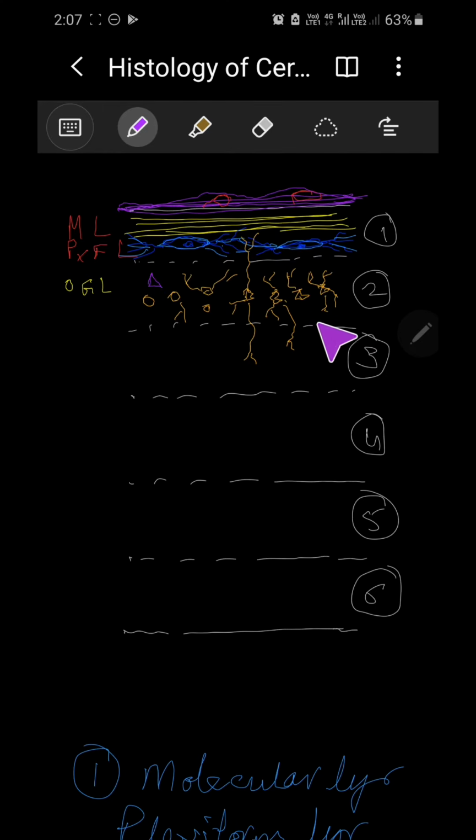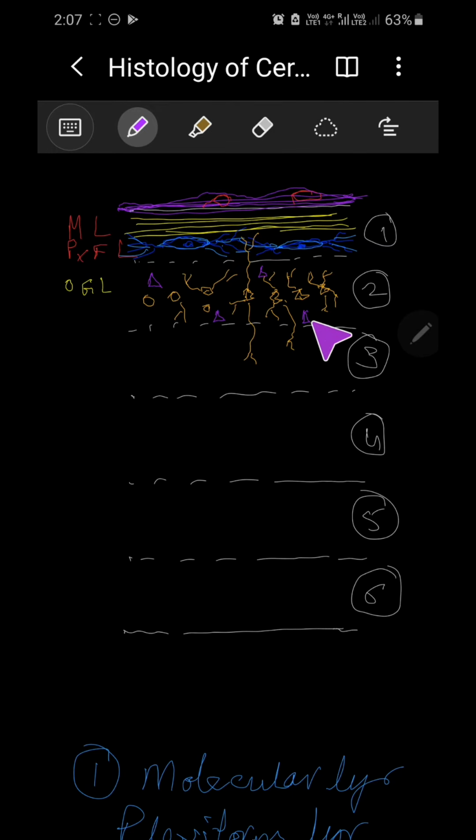Because it's a granular layer, you'll find fewer pyramidal cells. But remember, at exam time, in MCQs, don't get confused: pyramidal cells will be found in all the layers except the sixth layer. That's how you remember. Okay.